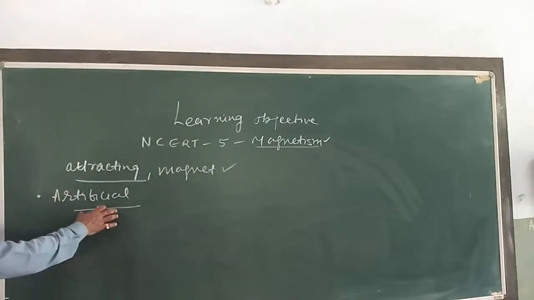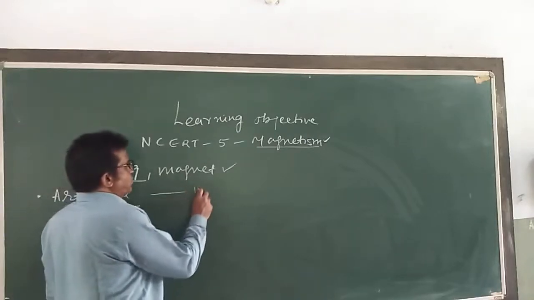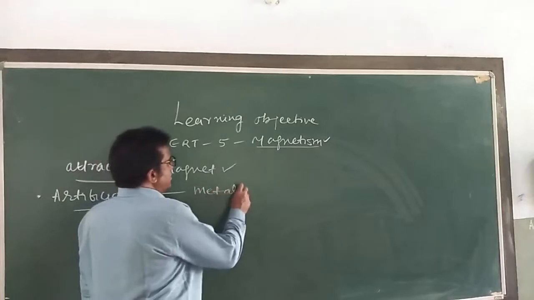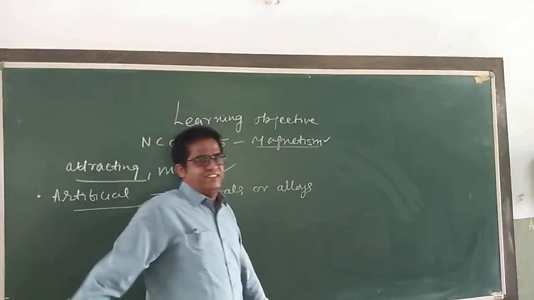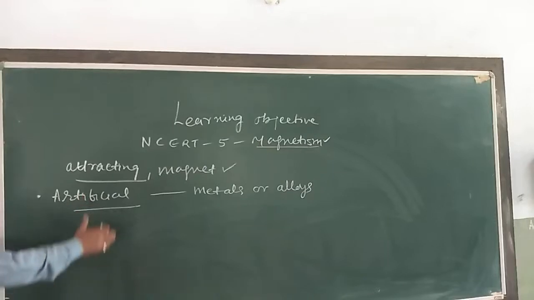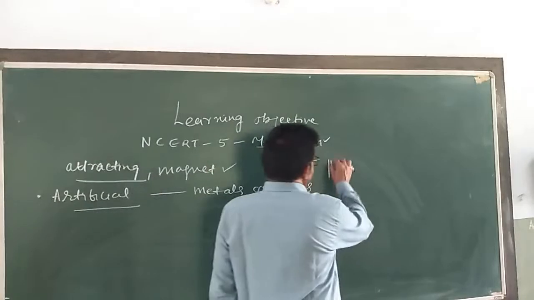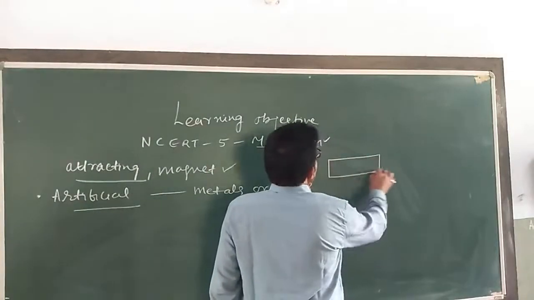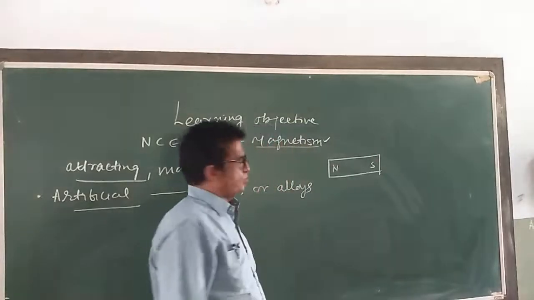The permanent artificial magnets are made up of some metals or alloys like carbon steel. These have a shape like that of a bar magnet. Here is a bar magnet in which the two poles are there, north pole and south pole.